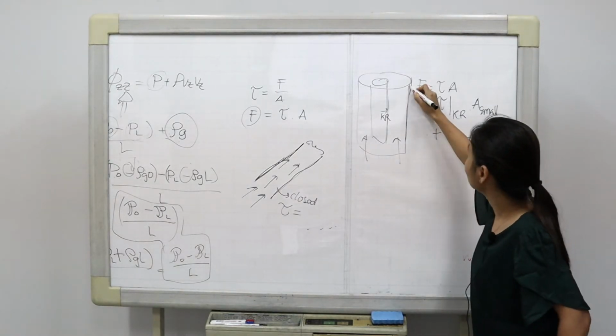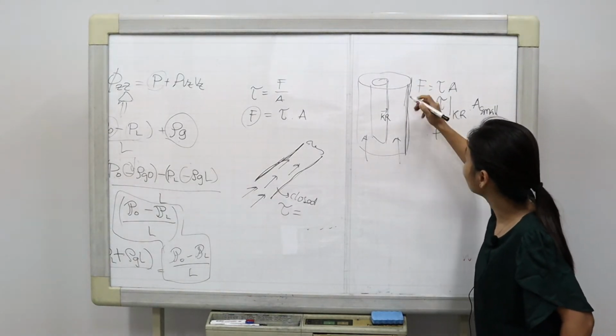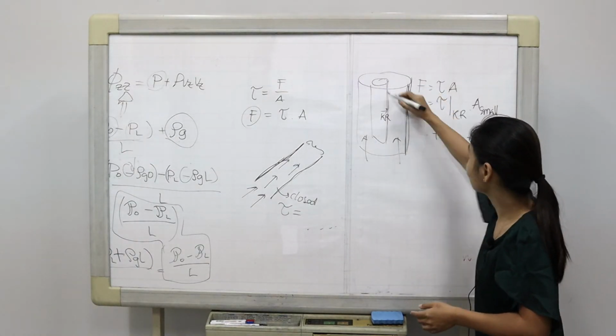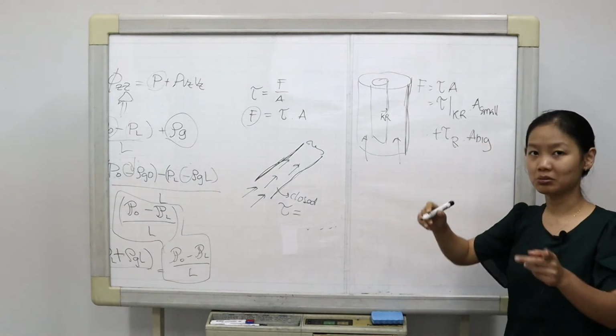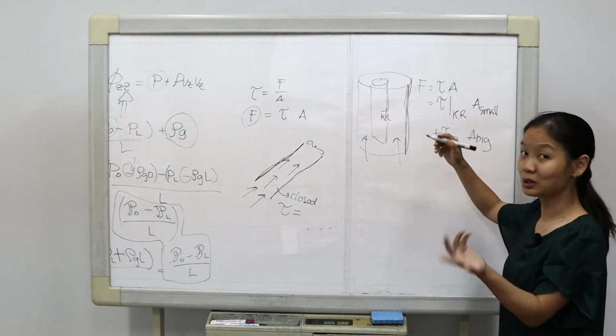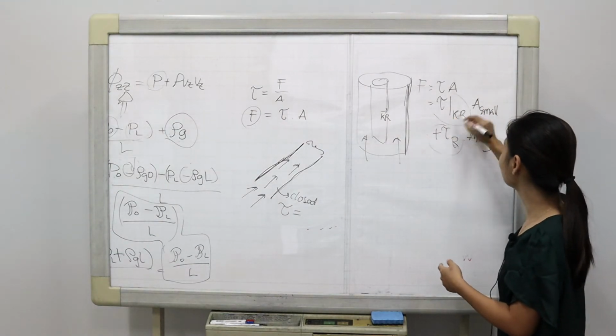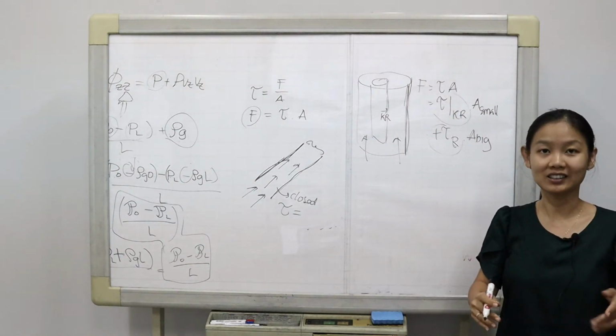You have two surfaces on which the shear force acts, and please remember that one of them is positive and one is negative. The sign is different.